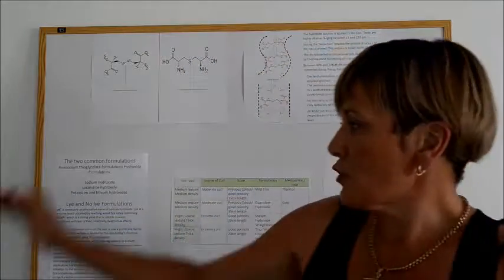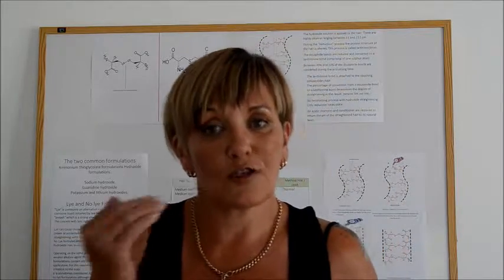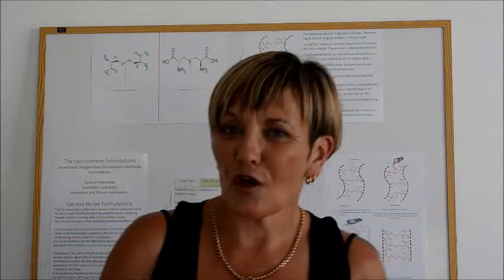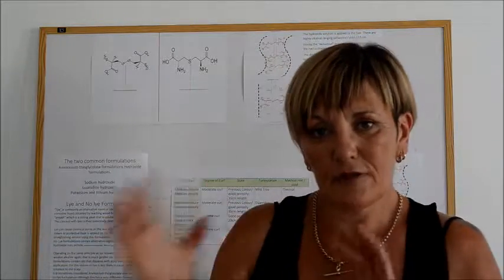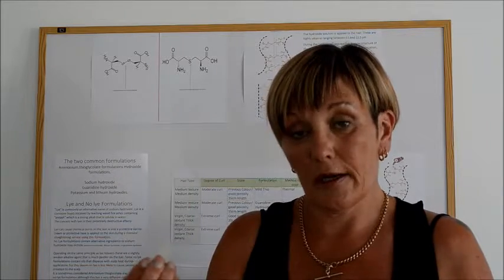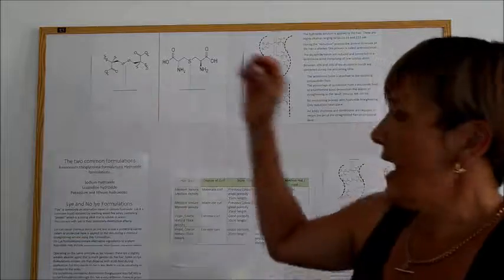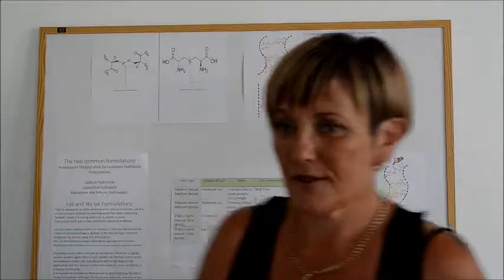So just to recap, today we've looked at the different formulations for chemical straightening. We've talked about lye and no-lye formulations, and remembering that your sodium hydroxides fall into your lye and your weaker hydroxides and your thio technically is a no-lye formulation. We've looked at the chemical process and the difference between a hydroxide straightener, when it changes the hair shaft irreversibly, and a thio formulation that just impacts on those disulfide bonds.